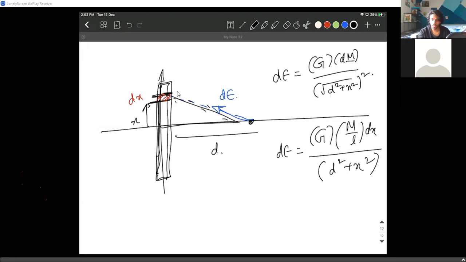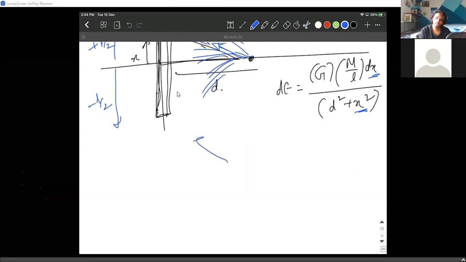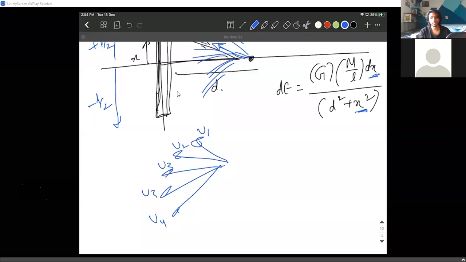The problem is, if you integrate, you have to integrate with x varying from minus L by 2 to plus L by 2. Those will be the limits. But the problem is, you're integrating all the dE values, which are in different directions. It's as if you're adding multiple vectors, v1, v2, v3, v4, v5, without considering the directions.